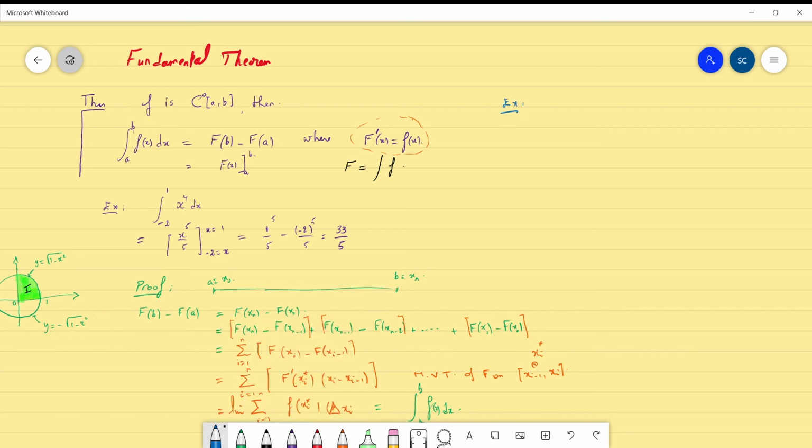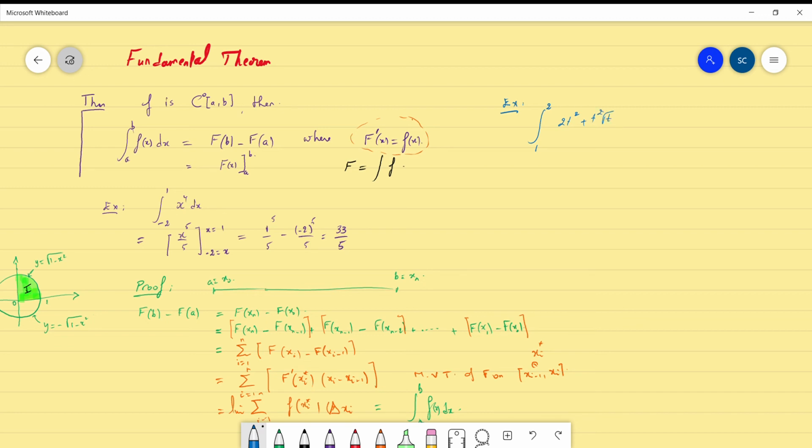For example, if I need to compute the definite integral from 1 to 2 of (2t squared plus square root of t minus 1) over t squared dt. Okay, so I need to find the definite integral.